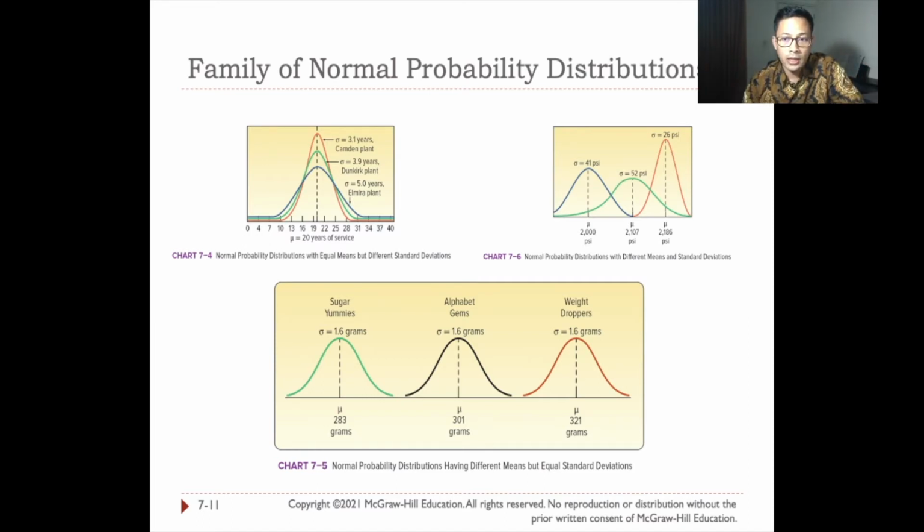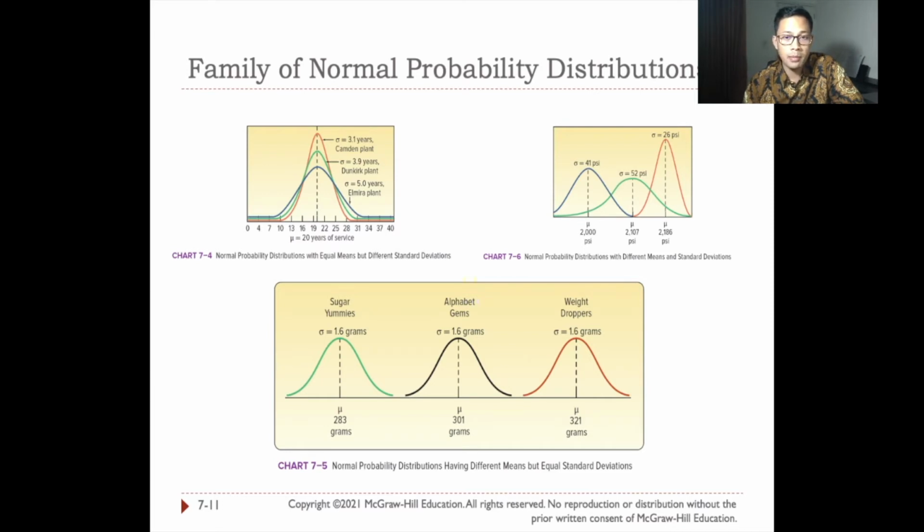Okay, so in the bottom chart of box weights of 3 different cereals, the means are different, but the standard deviations are actually identical. And in the top right, the tensile strength of 3 different cables, we can see that they have different means and also different standard deviations.